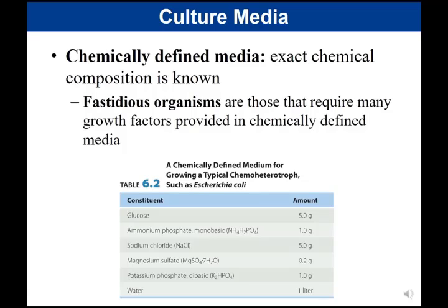This is used to culture fastidious organisms, so organisms that may require specific growth factors, so they have very specific nutritional needs. Those might be grown using chemically defined media. Chemically defined media is also used for certain assays.